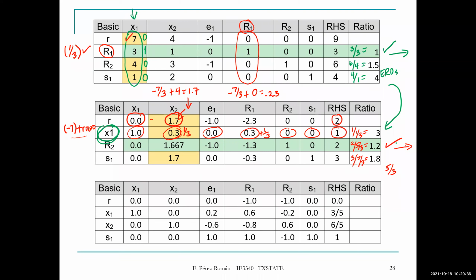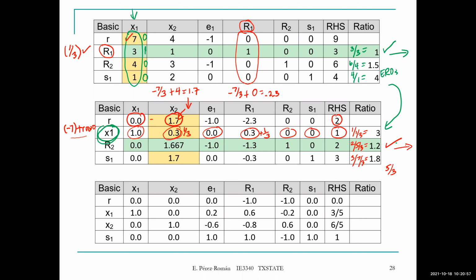So at this point, we have no positive coefficients here. The objective function value is what we wanted, right? The minimization of the artificial variables equals 0. So that's what we wanted.